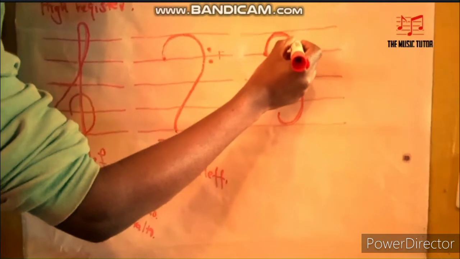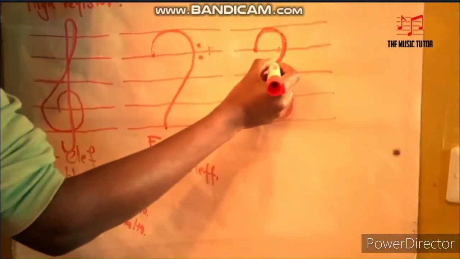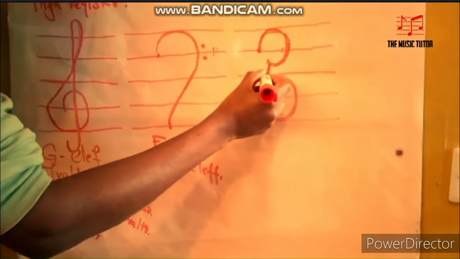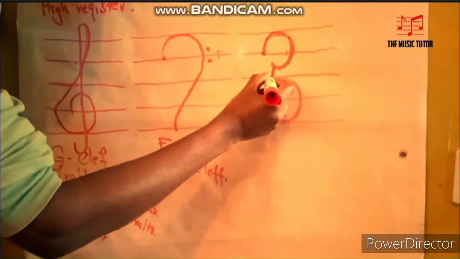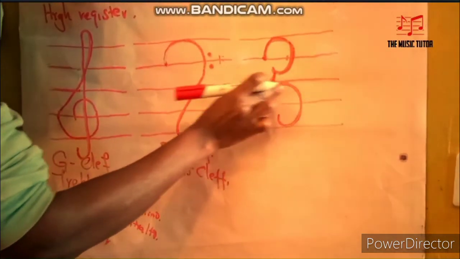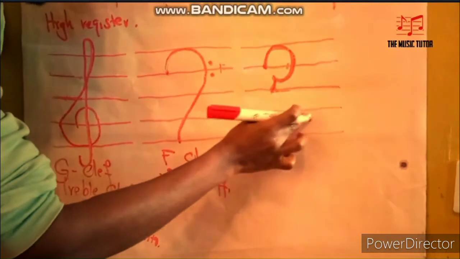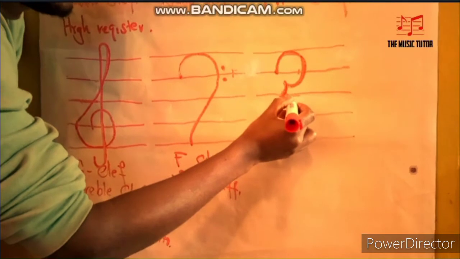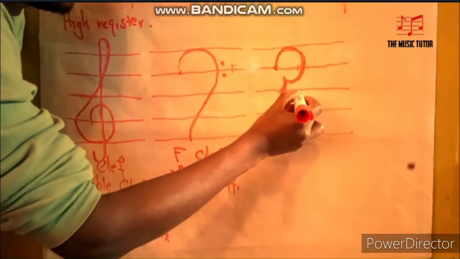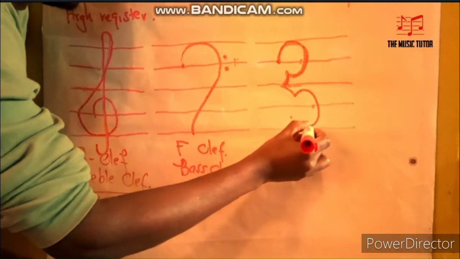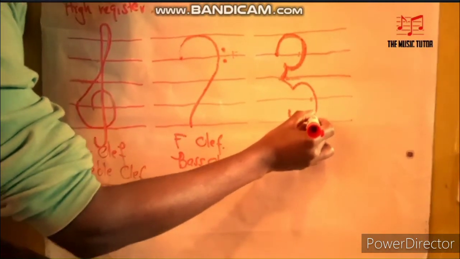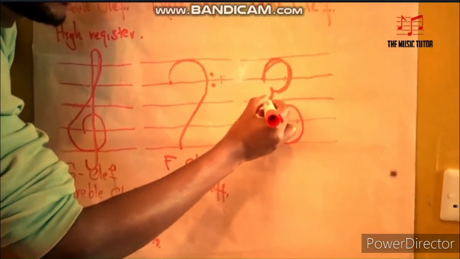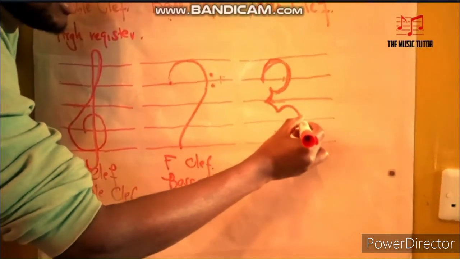You go this way, down, then again you cut the middle line once, and then draw your C again. So you start from here, you go down, cut the middle line, and then this way.